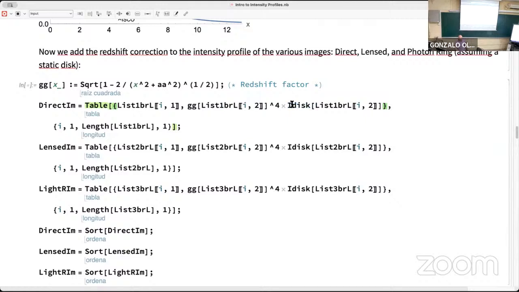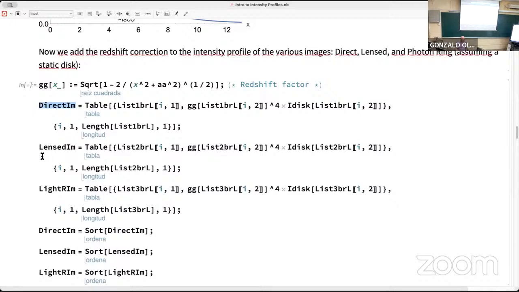So we evaluate the intensity at the location where that light ray is hitting, we correct that intensity with the redshift factor, and this is the intensity that we will detect with this impact parameter. This is the information that we will have on our detector about the direct image intensity.